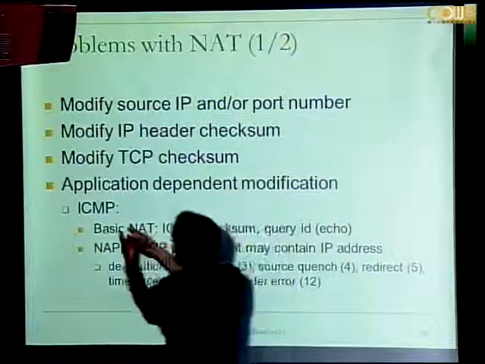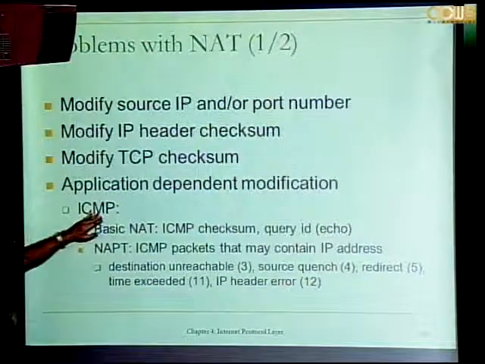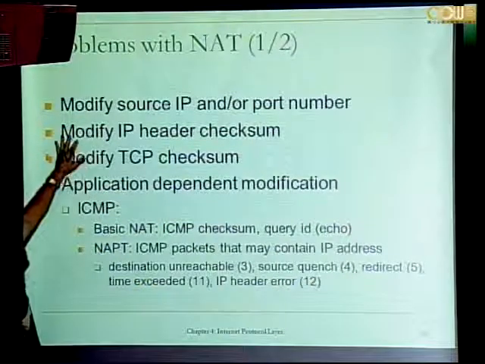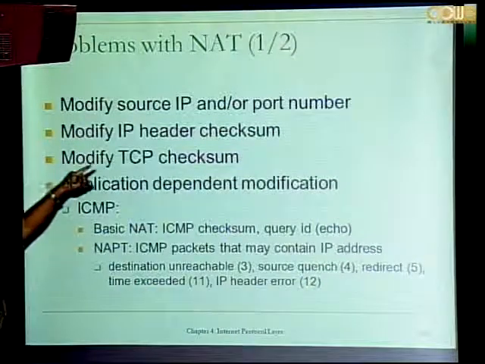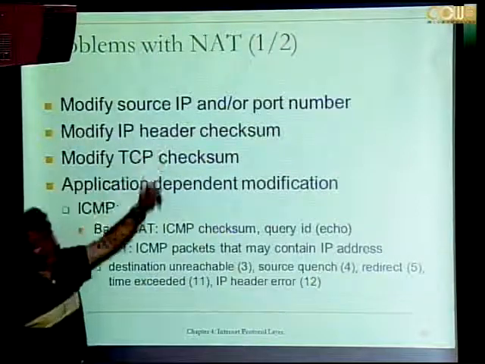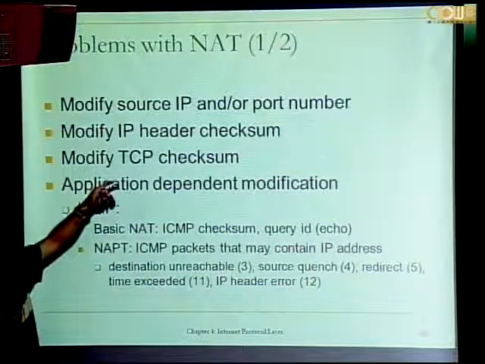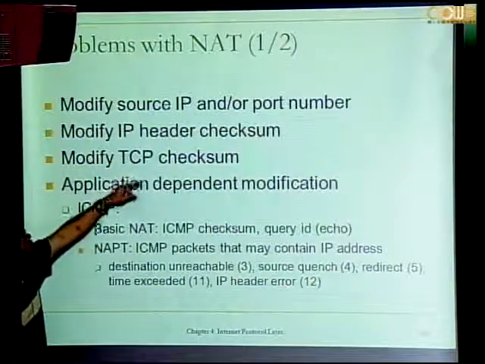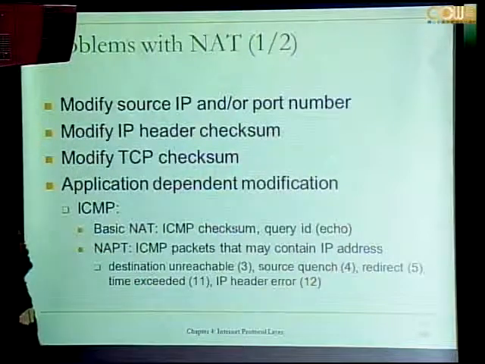In ICMP, this is the first example. Well, let's look at the basic part. You translate IP address and port number. Since IP address is in the IP header, you need to recalculate the IP header checksum. And since port number is in the TCP header, you need to recalculate the TCP checksum too.